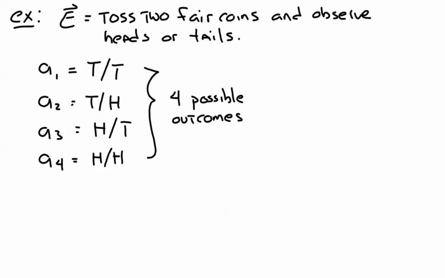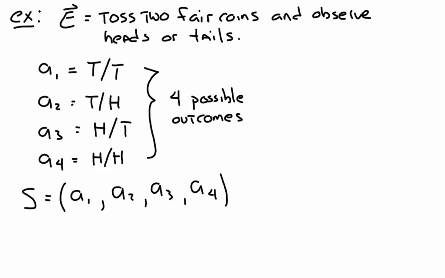Four possible outcomes. So the sample space, which is the collection of all possible outcomes, would look like this. A1, A2, A3, A4. All right?